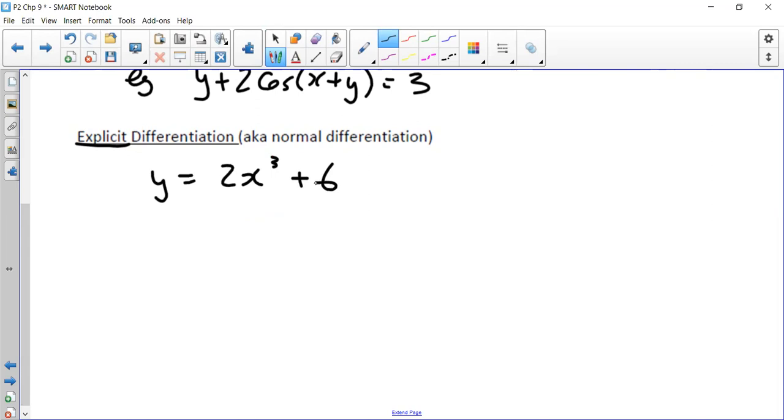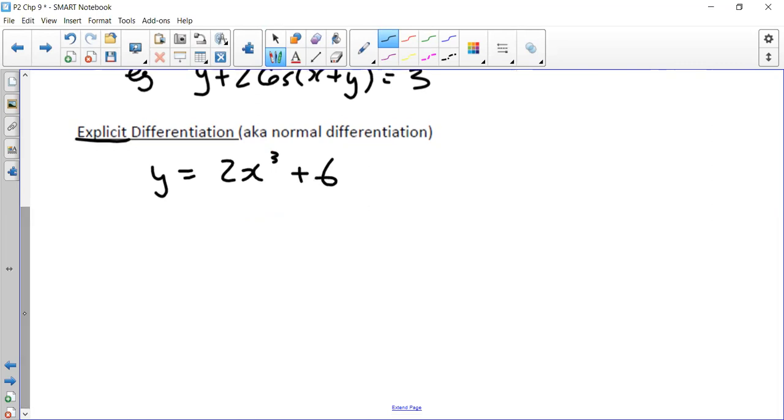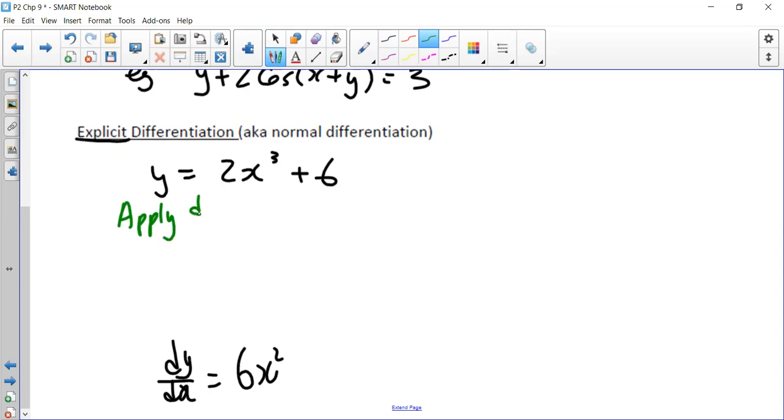I'm going to leave some space in the middle because I'm going to write something in there. Now, we know dy by dx very simply is just 6x squared, because you multiply by the power and reduce the power by 1. But what have we actually done in the middle? We have actually applied d by dx on both sides.